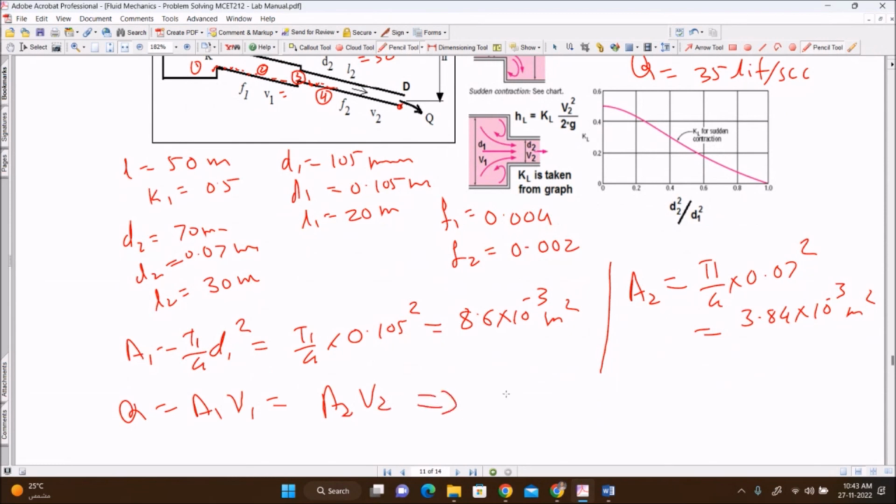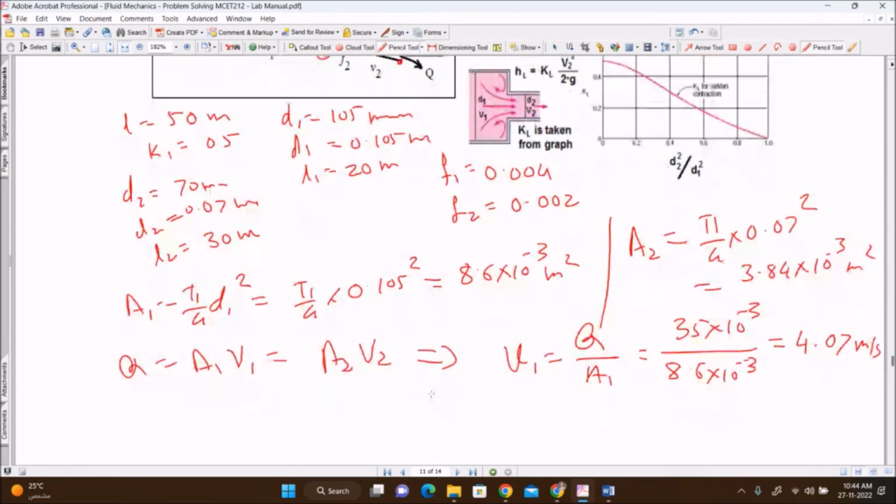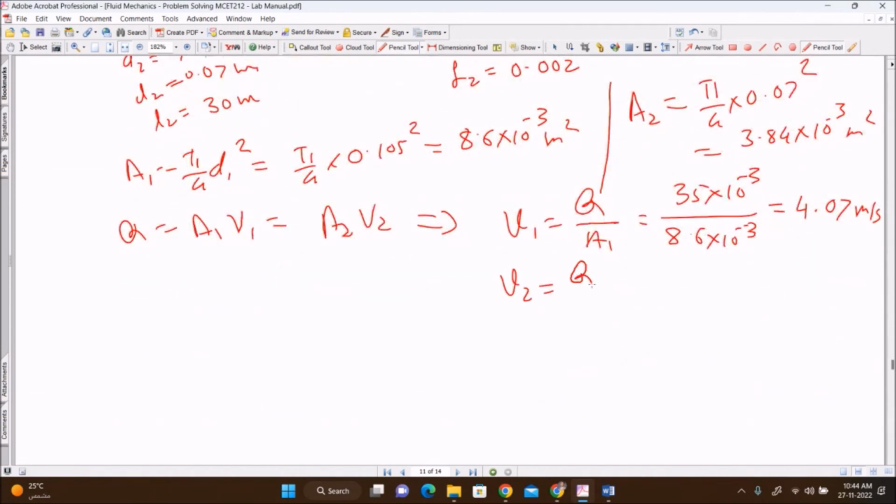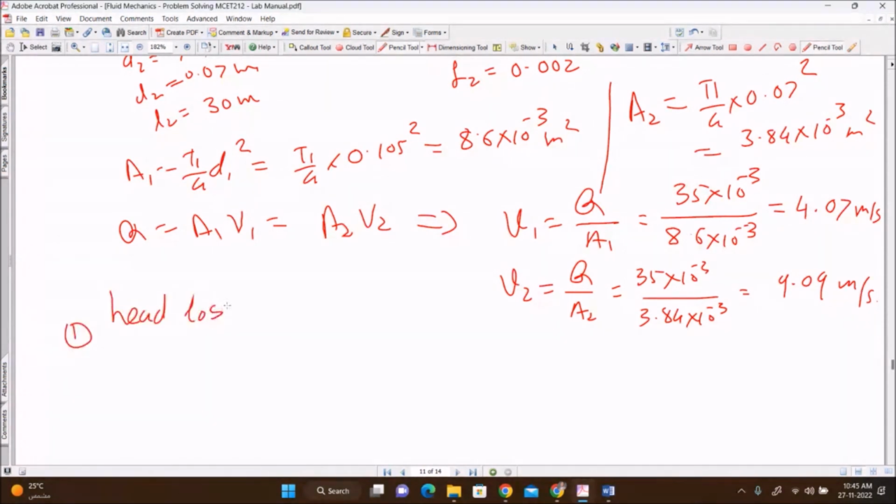So V1 is equal to Q by A1, which is 4.07 meter per second. Similarly I will get V2, which is Q by A2, equal to 9.09 meter per second.